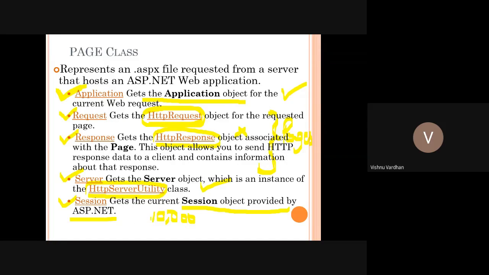So those individual users' information you can store in this session as part of the session object. Okay, so in that way we can have application, request, response, server, session. All these are available by default from the Page class.